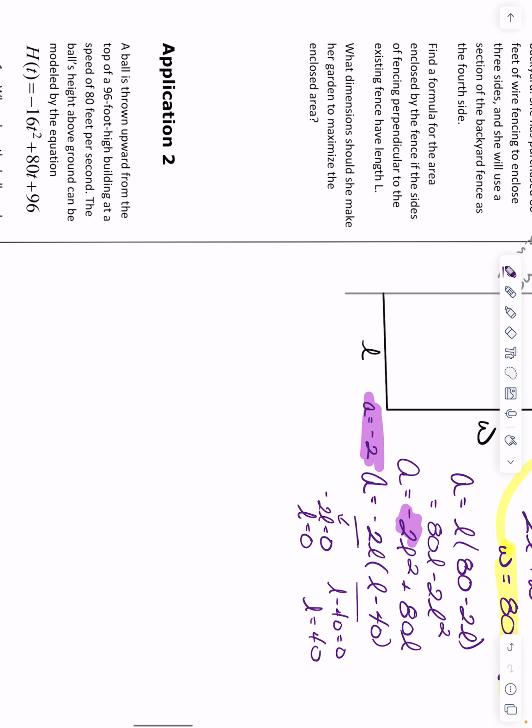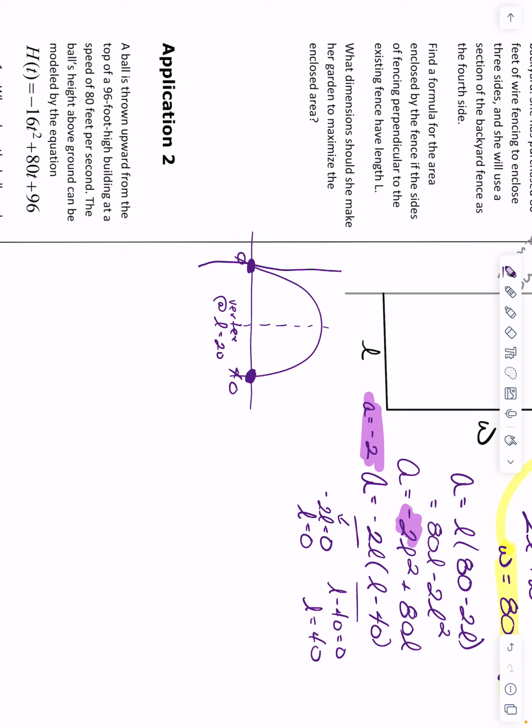Which means if I were graphing this as a parabola with my super straight axes there, I have a parabola that opens down and crosses at 0 and 40. That tells me that my vertex is halfway between those two. Vertex at my length equals 20. Why is that a big deal?